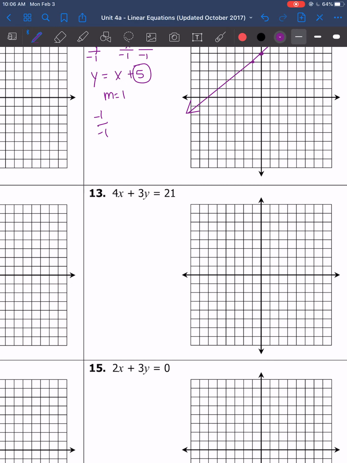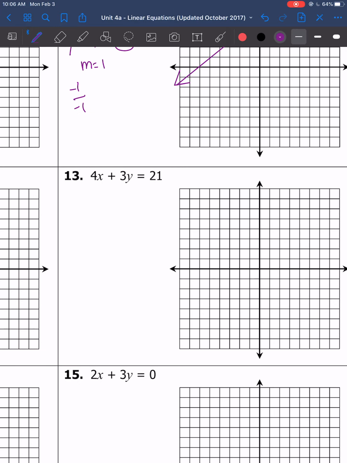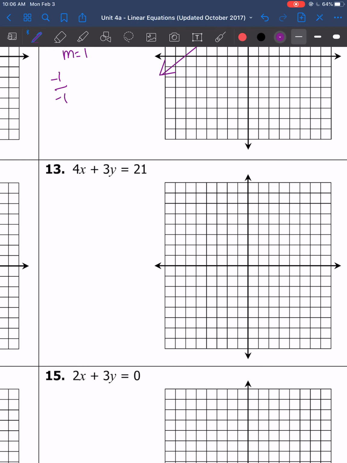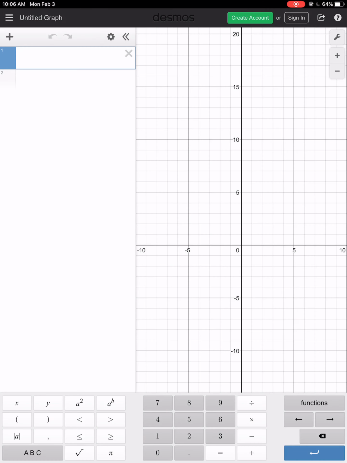If you wanted to, you could use Desmos if you're having a hard time solving these for y. So if we go to Desmos, and we type in 4x plus 3y equals 21, it will graph it for you, which is nice.